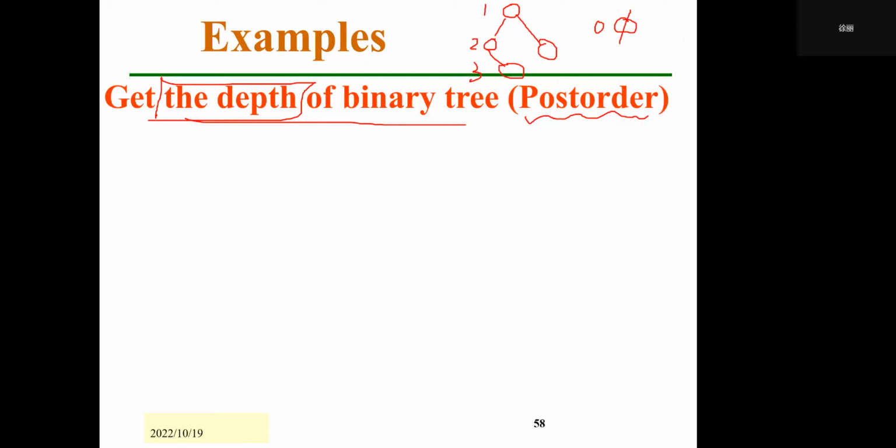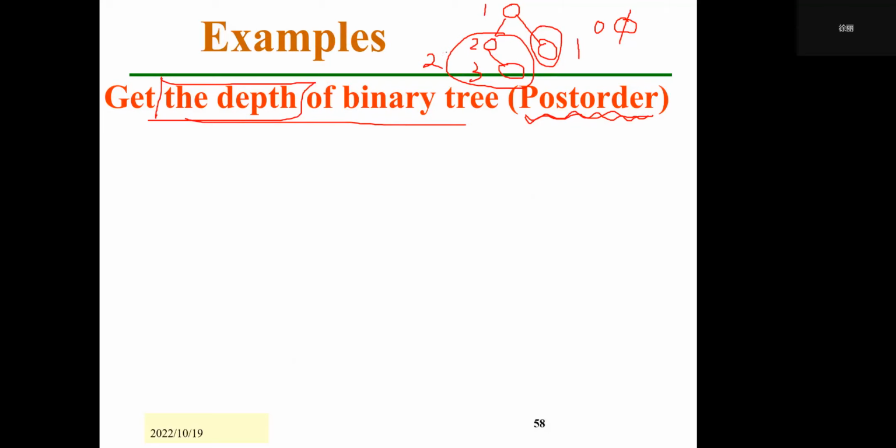So we write post-order, in which we get the depth of the left subtree and the right subtree. You can say the depth of the left subtree is 2, right? And the depth of the right subtree is 1, right?